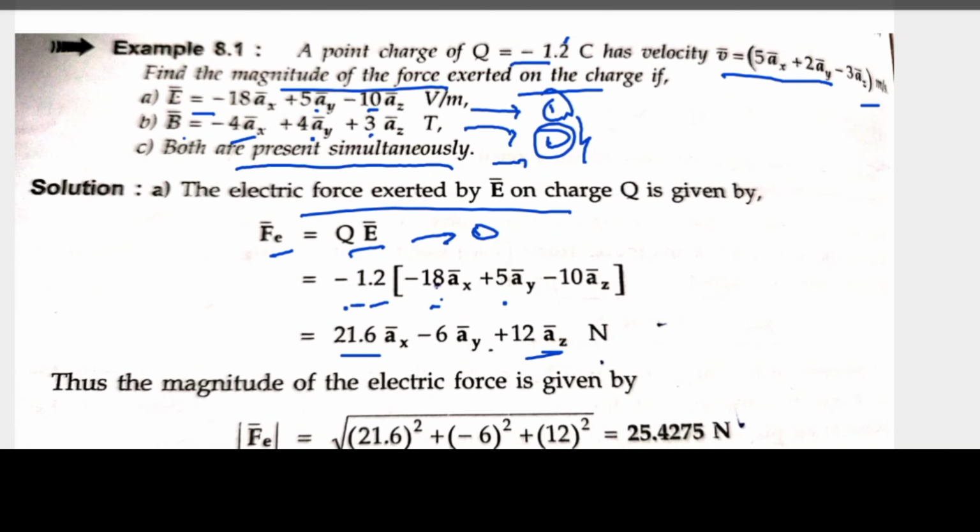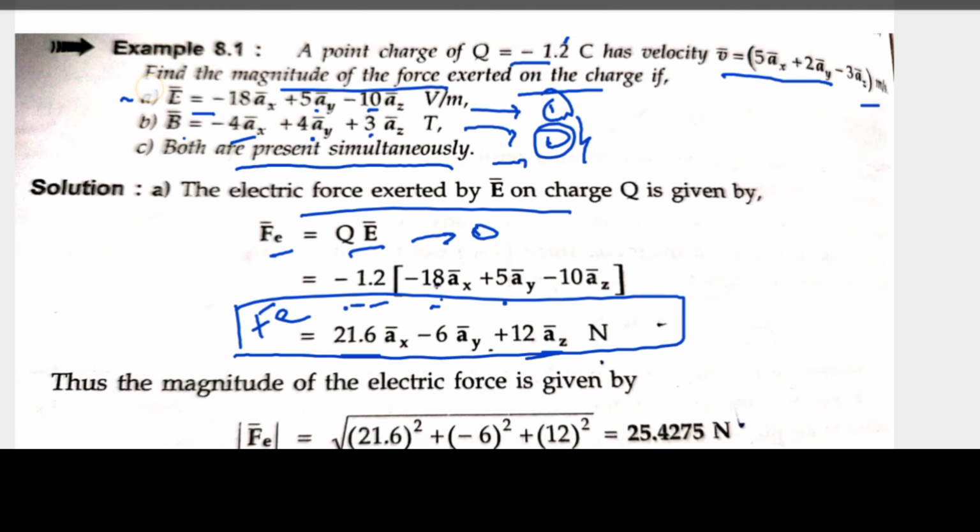It is the electrical force Fe. The magnitude of the force is given by Fe equal to the square root of 21.6 squared plus minus 6 squared plus 12 squared, finally 25.4275 newtons. That is the first one.